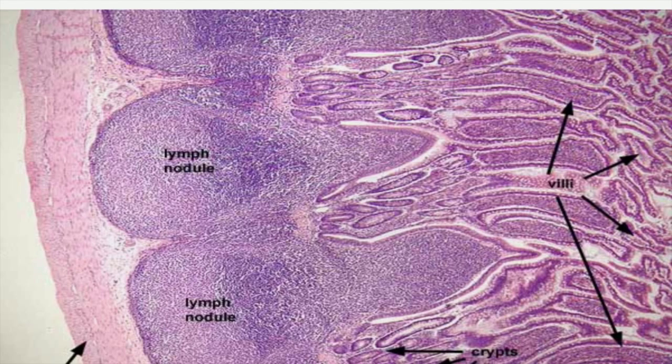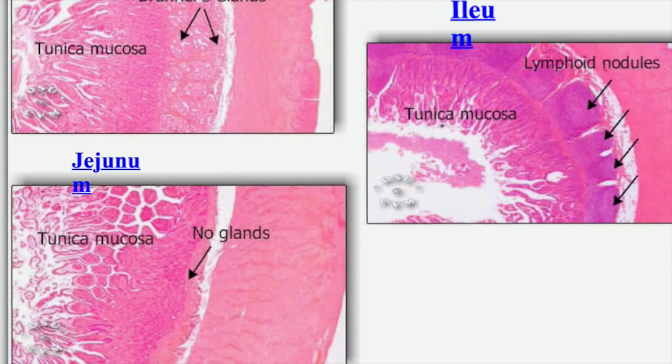Notice here the presence of the Peyer's patches, which are lymphatic nodules originating in the connective tissue corium and pierce the muscularis mucosa to appear in the submucosa. And they are present, of course, at the antimesenteric border, and this is connective tissue of submucosa, inner circular and outer longitudinal of musculosa.